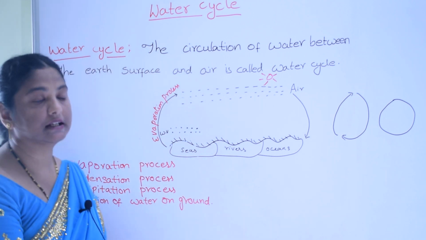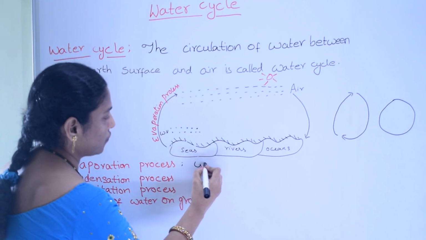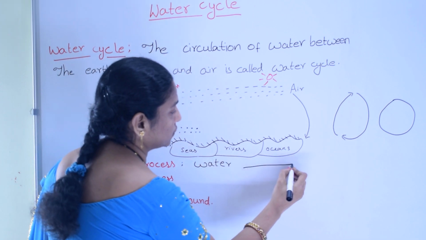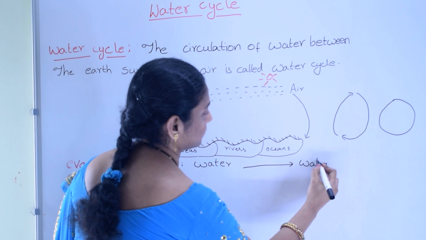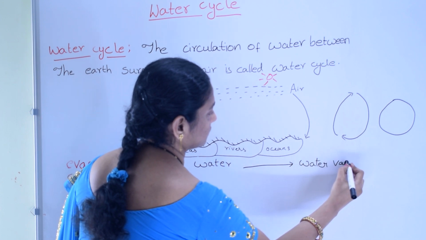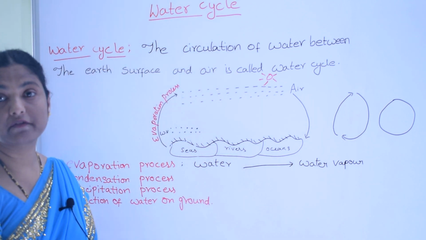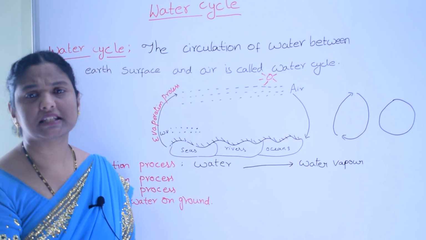So, this is the evaporation process. What happening here? I am explaining again. In this process, water converts into water vapor. This arrow mark indicates the conversion. So, why is this converted?